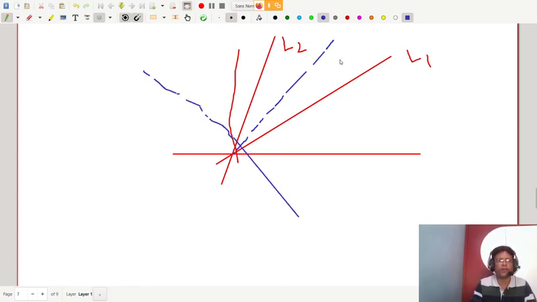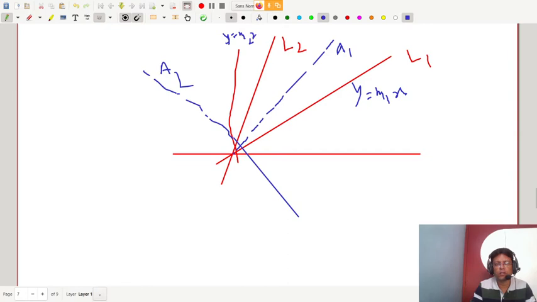So you want to find the equation of these two blue lines, the bisectors A1 and A2. Now how will you get the bisectors? This line is y equal to m1x, already explained about that. And this is your y equal to m2x, right? And these are the bisectors A1, A2.